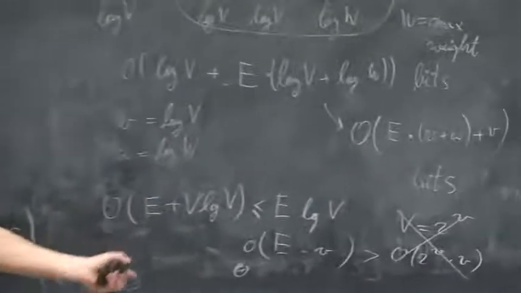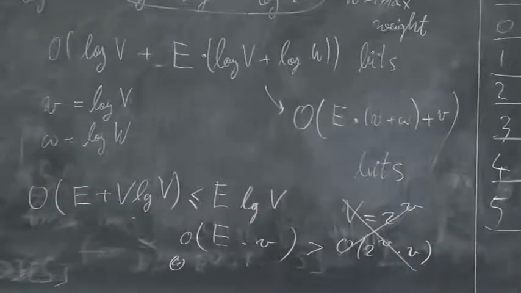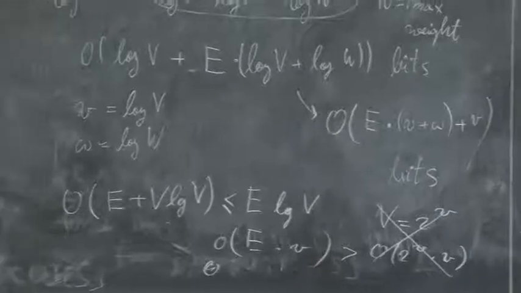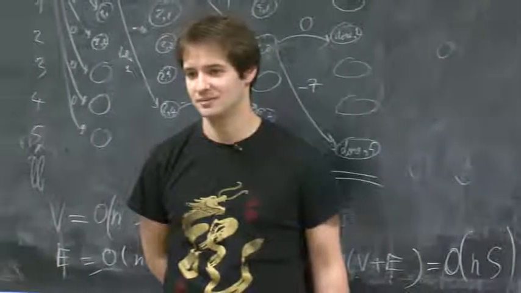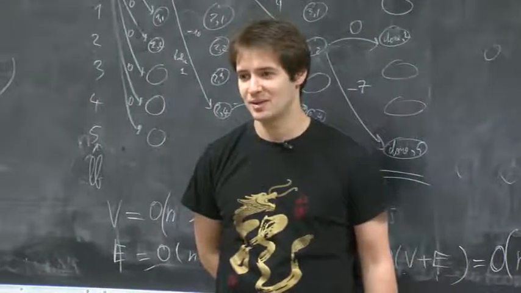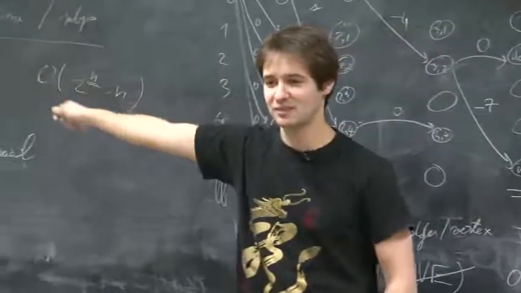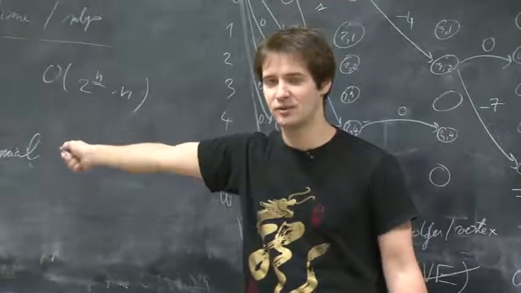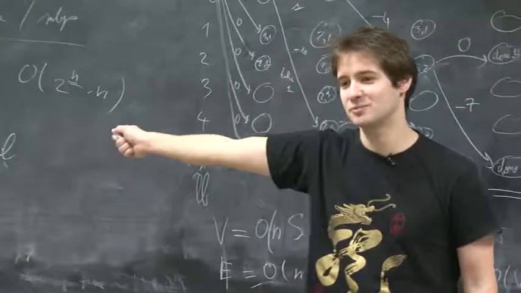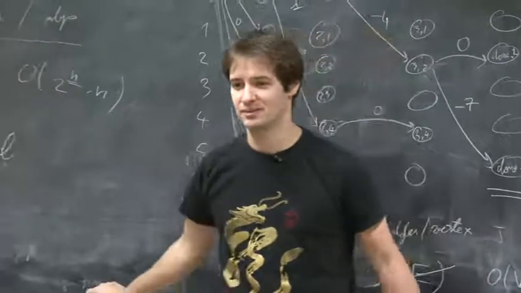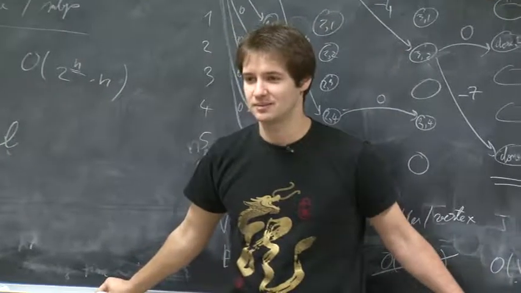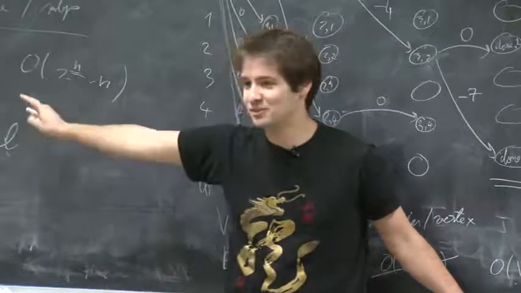The weights do not show up in the running time. So I always run Dijkstra then. Actually, for the knapsack problem, you can't find an algorithm that is polynomial. If you do, there's a $1 million prize for it because you just proved that P equals NP. So this is the best we can do for knapsack.